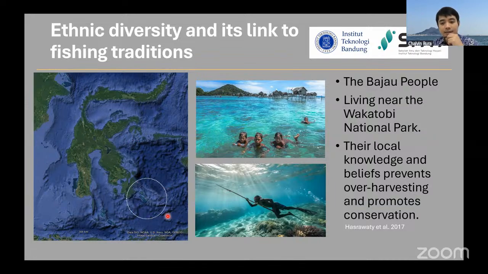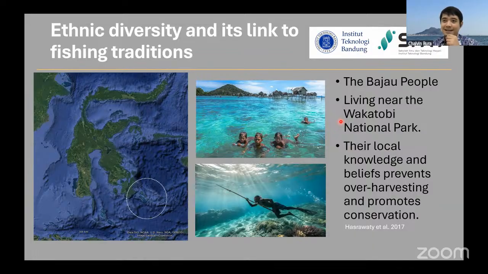So they live here. However, they live near a national park, and because of their traditional practices, their local knowledge, and their beliefs, their fishing practices actually conserve the ecosystem and promote conservation. So it's very green-oriented, sustainable.